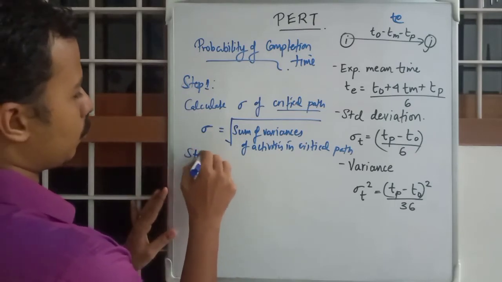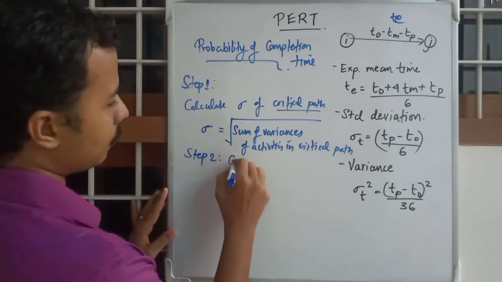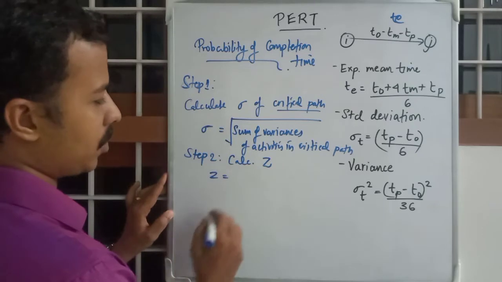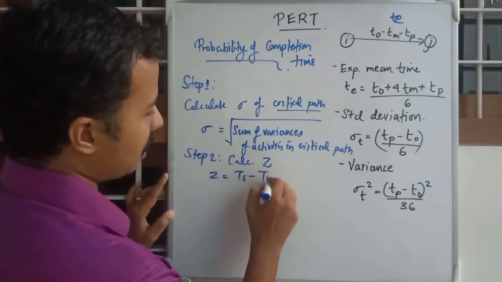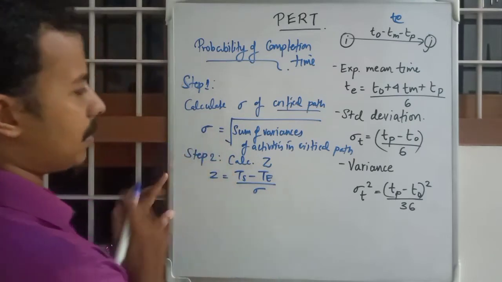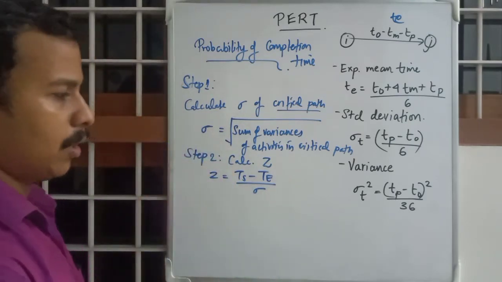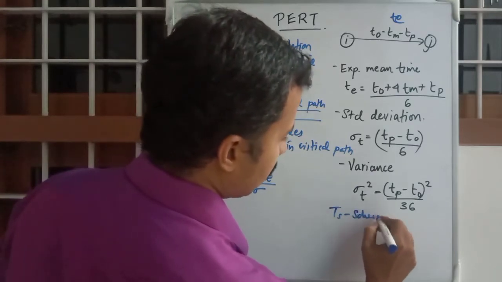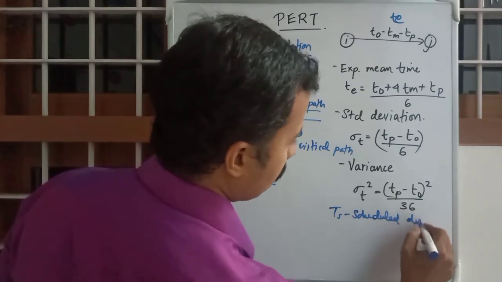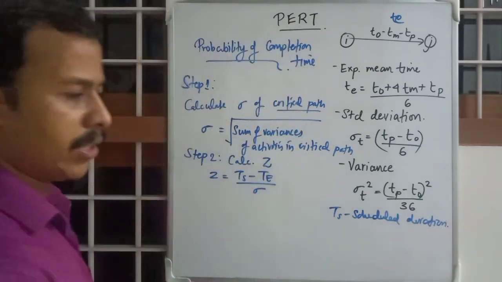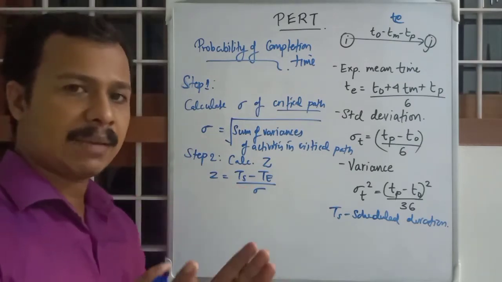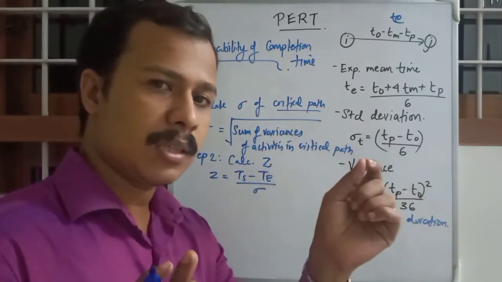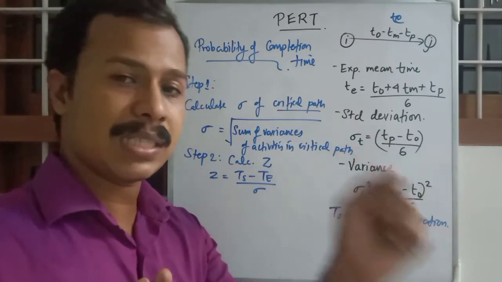Step 2: calculate Z. We have an equation: Z equals Ts minus Te divided by this calculated standard deviation, where Ts is the scheduled duration. Scheduled duration means, in our previous example, we wanted to know the probability of completion of that project in a time period of 17 weeks or 16 weeks.